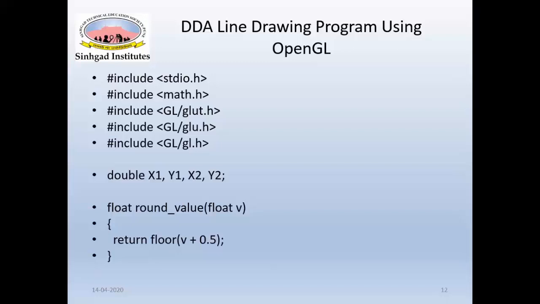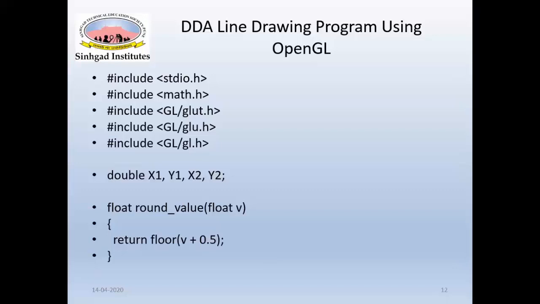The next program, which we already completed in practical execution, is the DDA line drawing program using OpenGL. Here also we are going to use the standard input output header file, that is because it is a C program, so we include stdio.h.